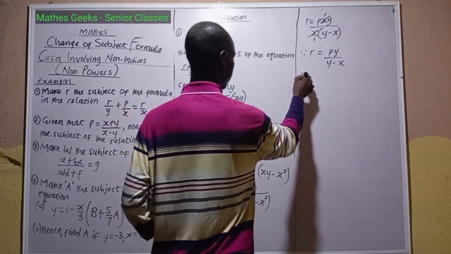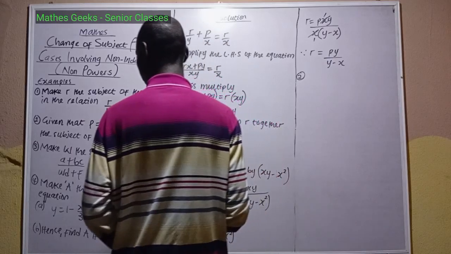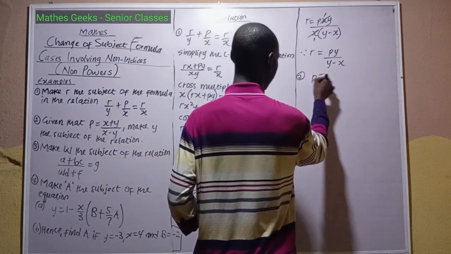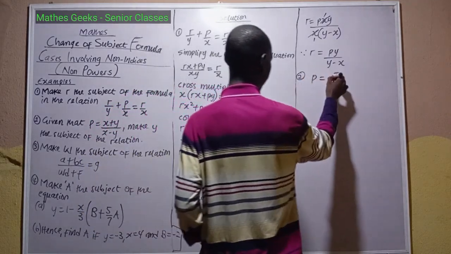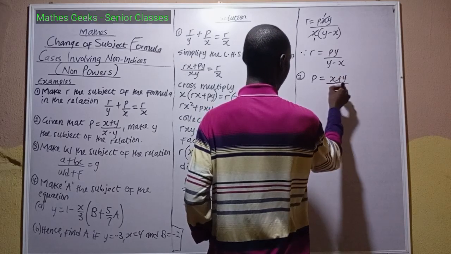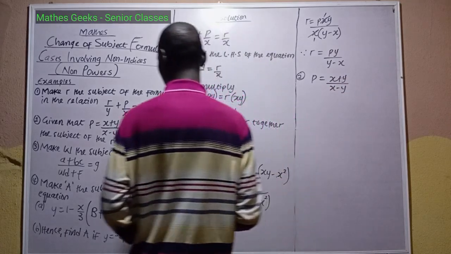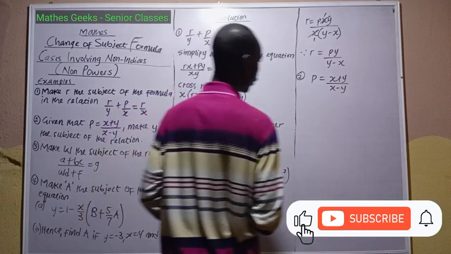Number 2. Given that p is equal to (x plus y) over (x minus y), make y the subject of the relation.